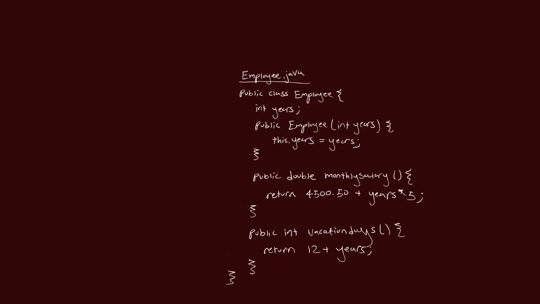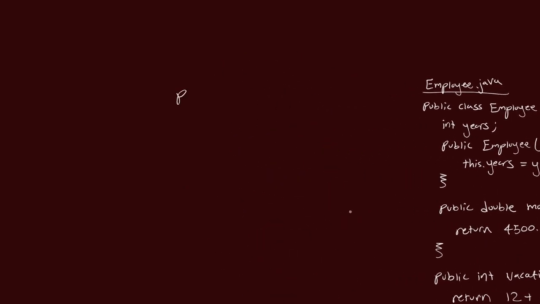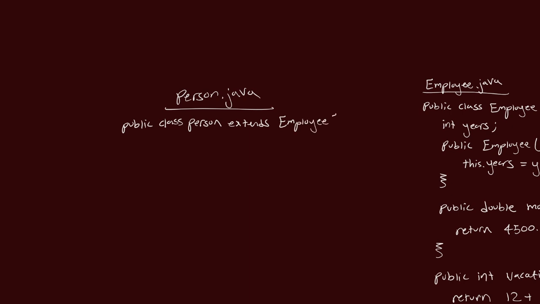Okay, so now we're going to set up a person's class, and it extends the contents of the employee class. So this person's class is going to have their age, their name, and finally the amount of years they worked at the company.